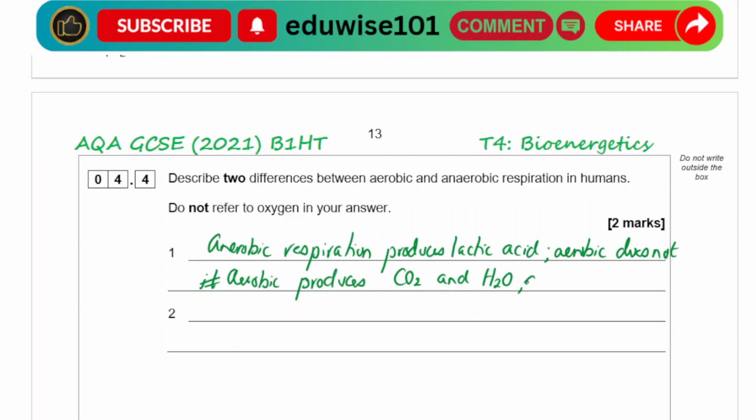Anaerobic does not. These two are valid points for the 2 marks. You can also split it up according to the marking scheme: aerobic produces carbon dioxide and aerobic produces water are actually 2 different points.